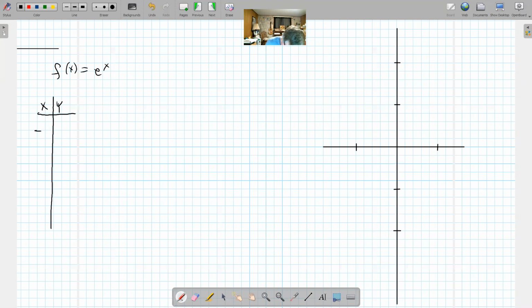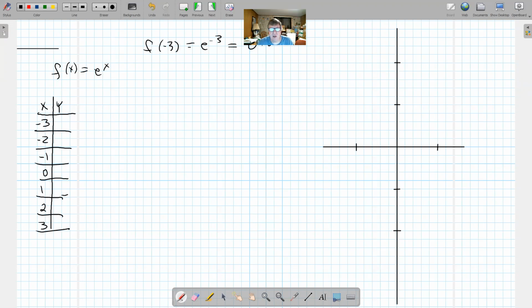X and y, we're going to use -3 all the way to +3. All right, now f of -3 equals e to the -3 power. And on the calculator, e to the -3 power, I'm getting 0.049787.